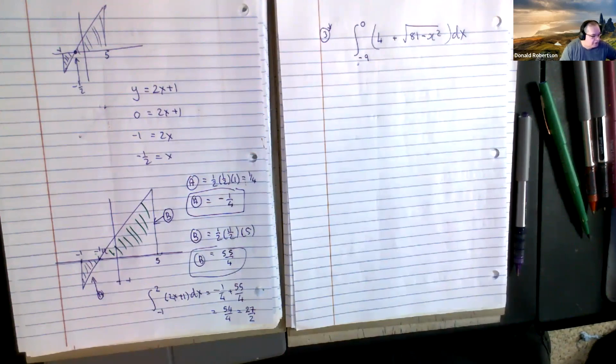Now that's a pretty awkward function to try and visualize. So what I'm going to do is go and use Desmos to sketch it, rather than trying to figure out what it looks like by hand, which would probably not be very successful. Okay, so I'm ready. So let's see how that works on Desmos.